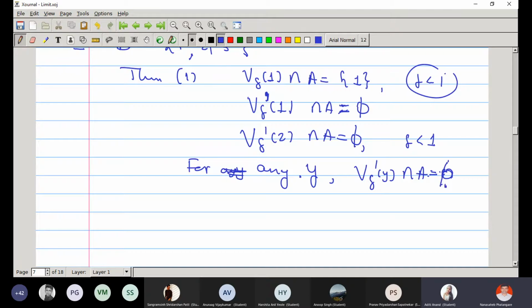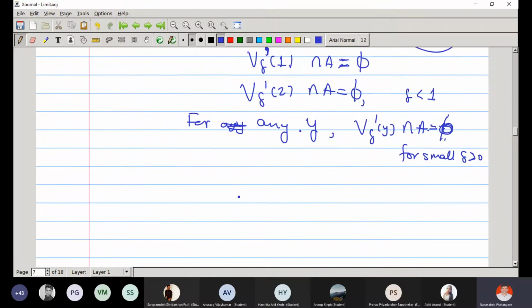So if you choose a smaller delta and then look at the deleted neighborhood of y, the intersection with B is always empty. So this is the main point.